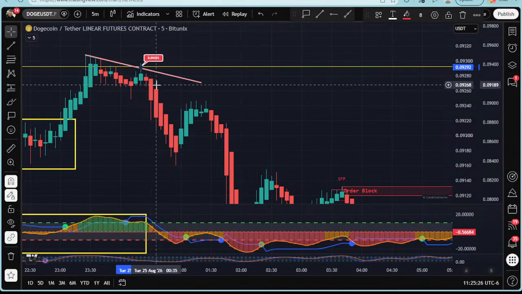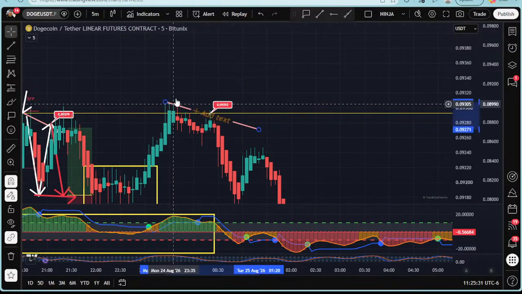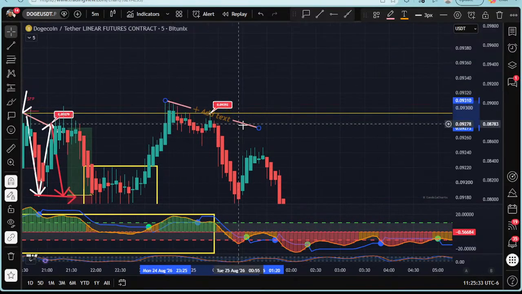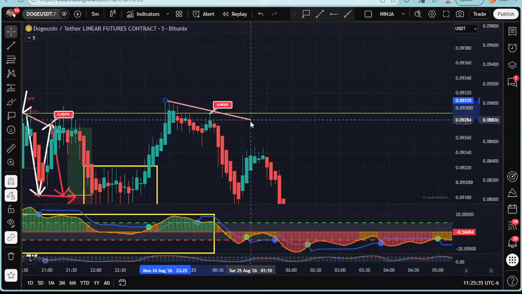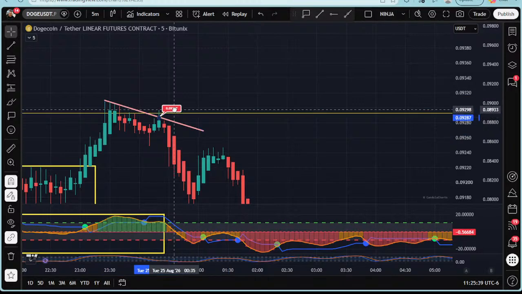So far, how this trade would have worked here is there would have been a high. It would have created a trend line here somewhere, something like that, and that would have been your entry.